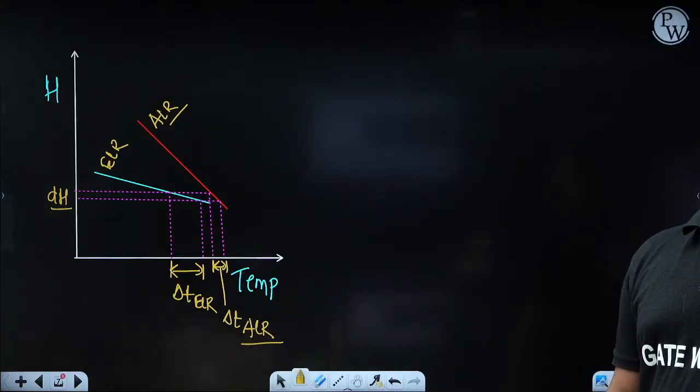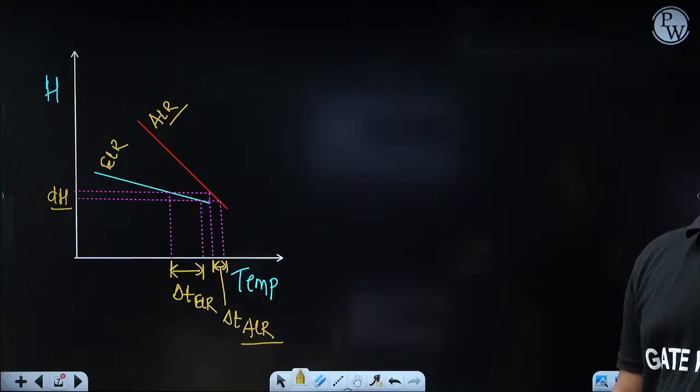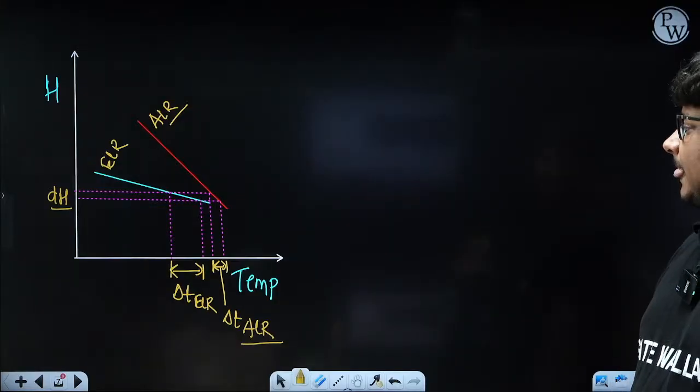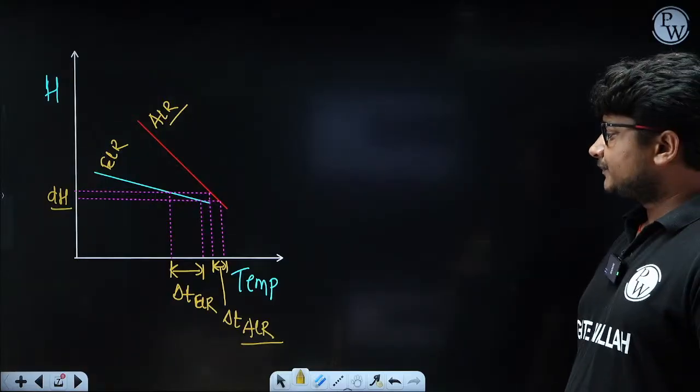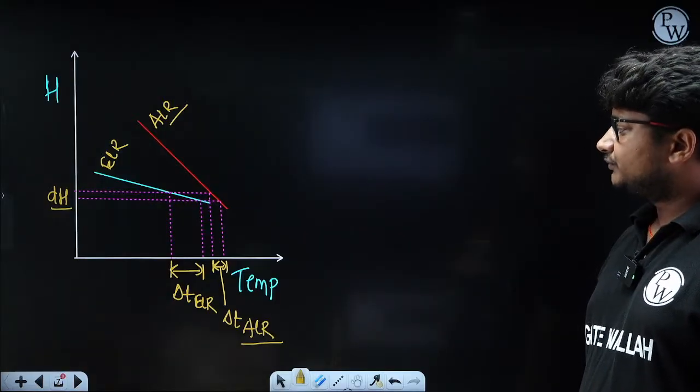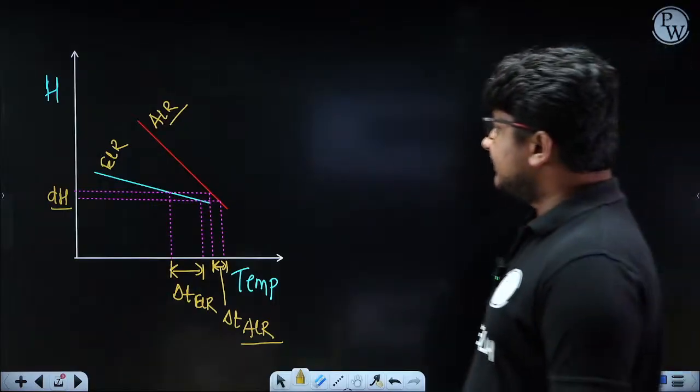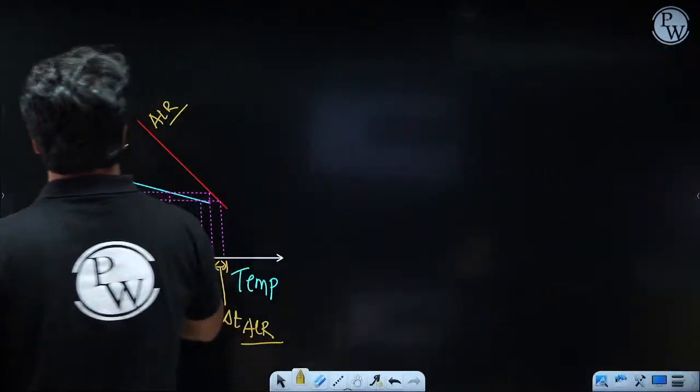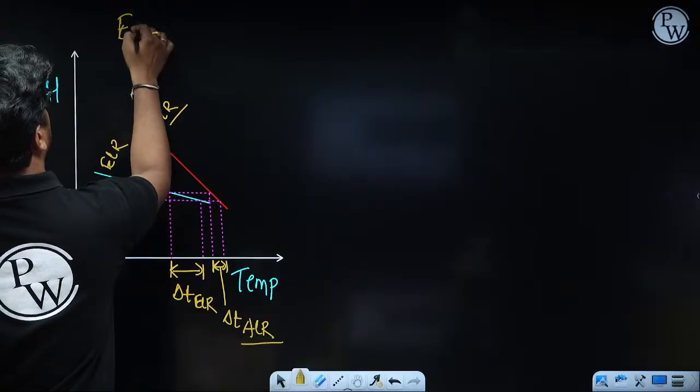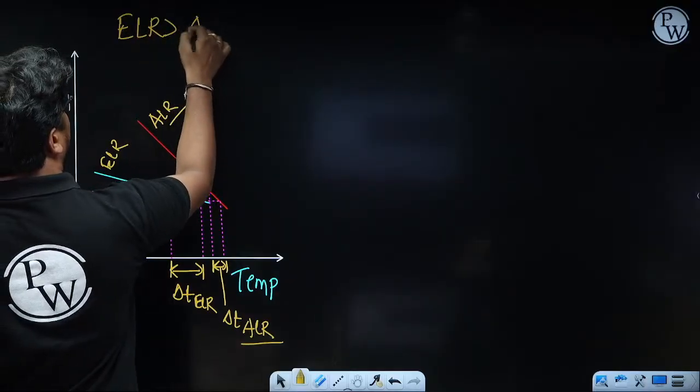Is that clear to all of you, my dear? If it is clear to all of you, then you also understand that this is the case where ELR is more than ALR.